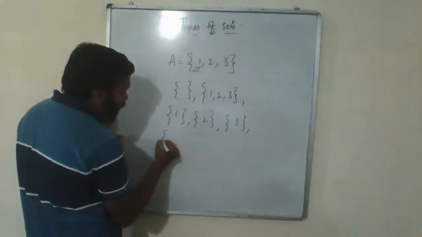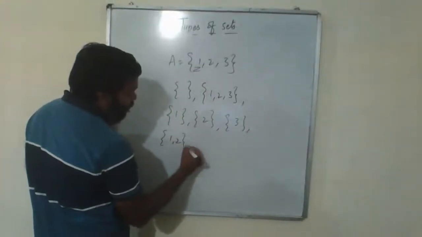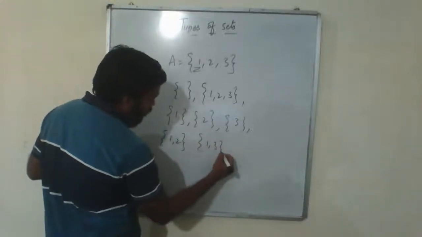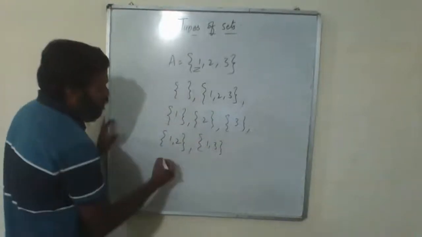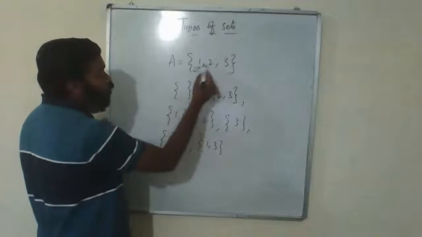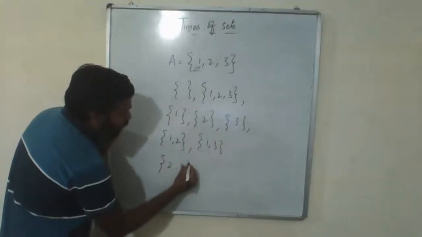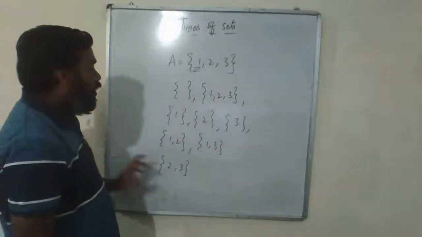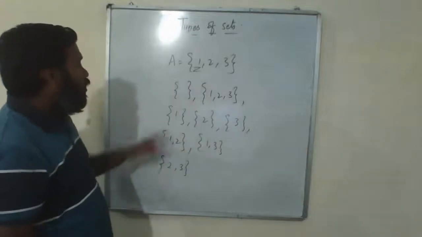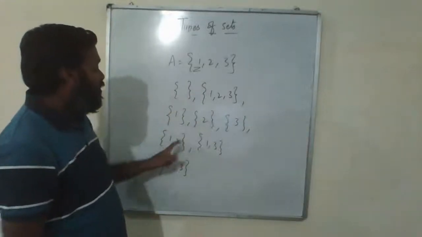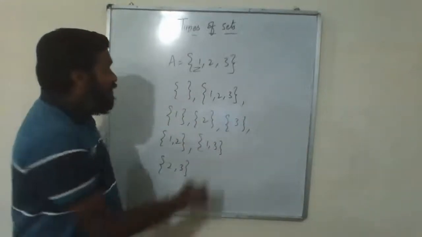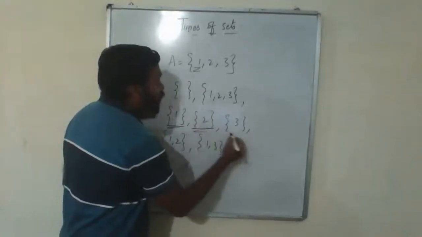And we have to consider two elements at a time. Already you have joined 2 with 1, so we have to join 2 with 3. Already we have joined 3 with 2 and 1. So we have 1, 2, 3, 4, 5, 6, 7, 8 subsets. These are all subsets of A.